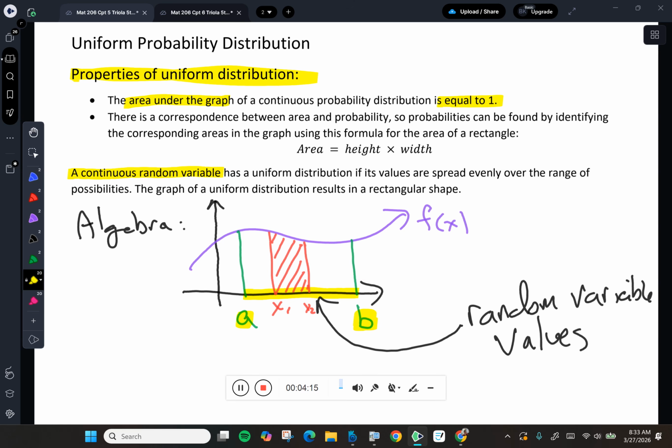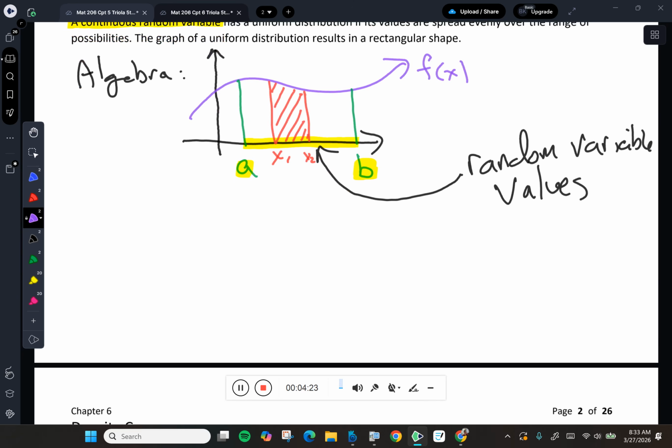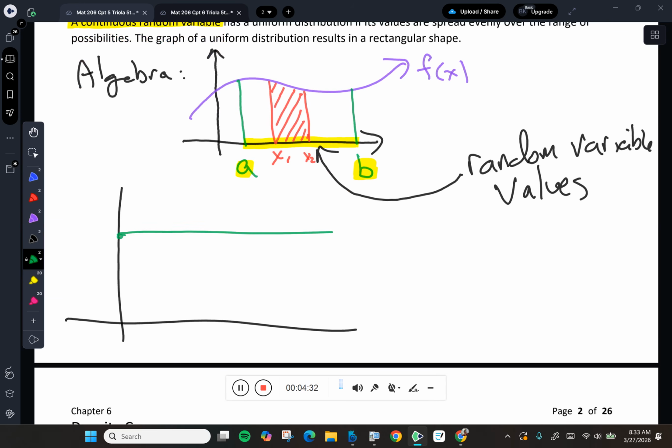Now, the first example we're going to look at is going to be the uniform distribution. And the uniform distribution goes one step further and says, what if our probability was always the same? That is, what if our function, our f of x, our probability function, was a horizontal line?